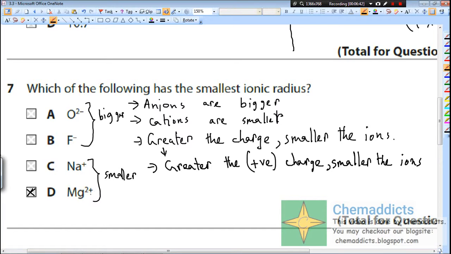But these two are smaller relative to the negatively charged ions. Let me repeat: the sodium ion would be bigger than the magnesium ion, but these two are smaller relative to negatively charged ions. Since those two are bigger, we are not considering them as smallest. We're gonna leave those options, so A and B is not the answer.